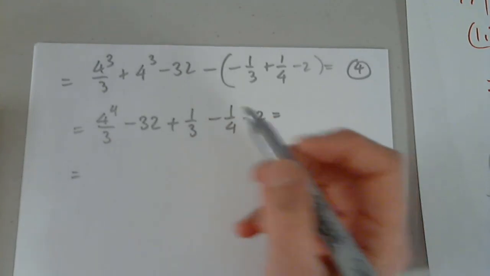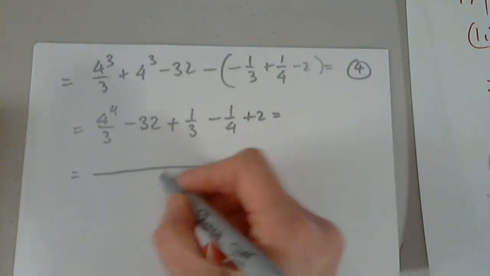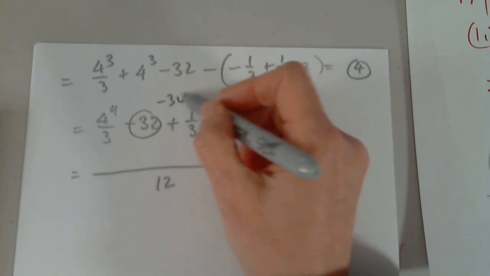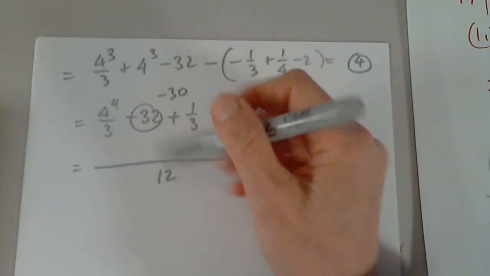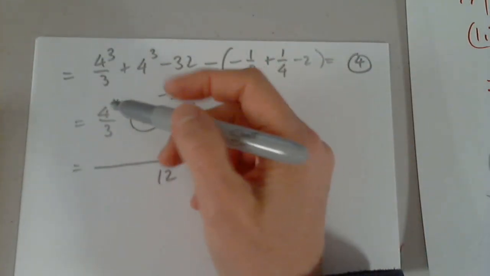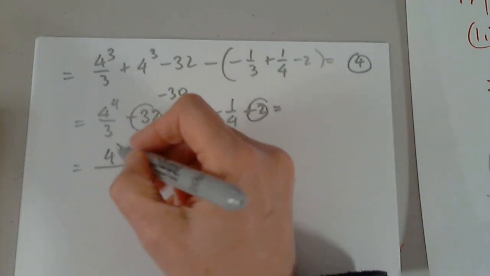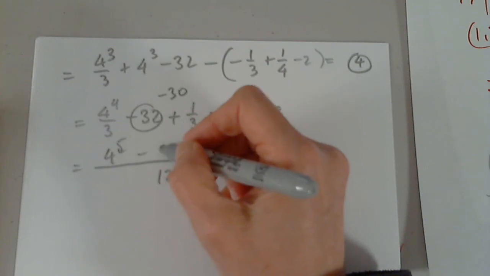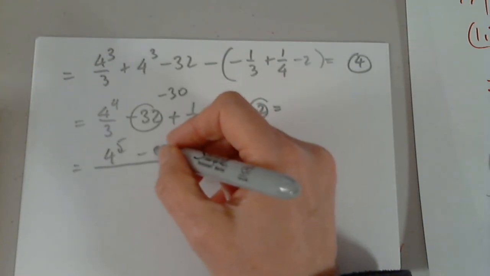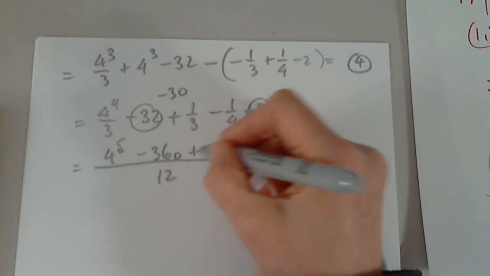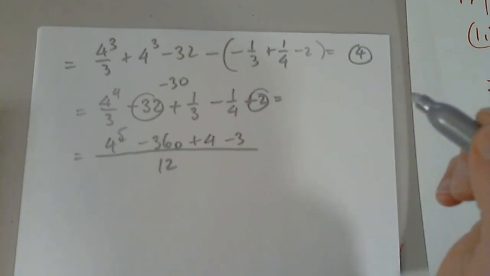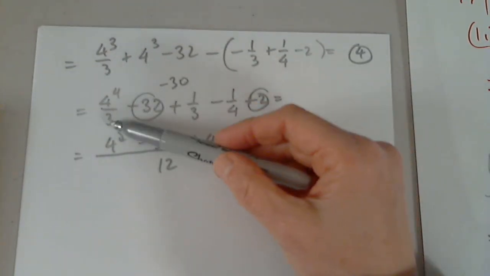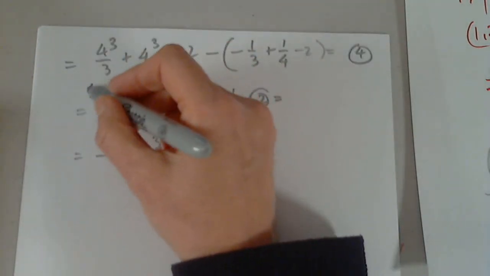Okay. So I guess the least common denominator will be 12, and this will be negative 30. So this is 4 to the fifth minus 30 times 12, 360, plus 4 and minus 3. So the least common denominator is 12, so I multiplied the top here by 4.